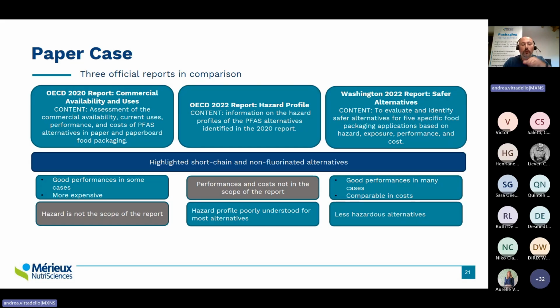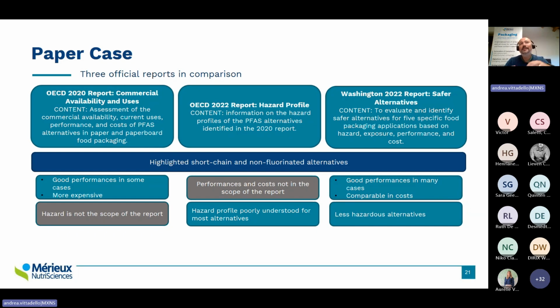There is a risk on performance. There is a risk on the hazard. There is a strong risk on the cost, because the cost is part of the sustainability. I can't change my chemicals if the cost is higher.